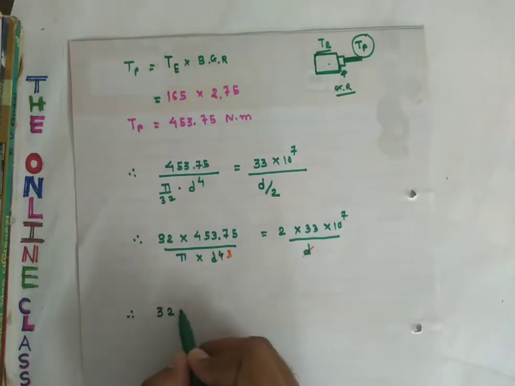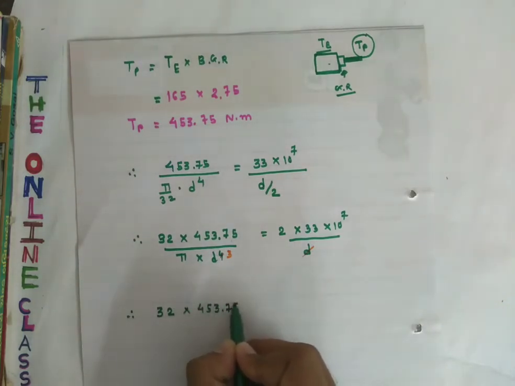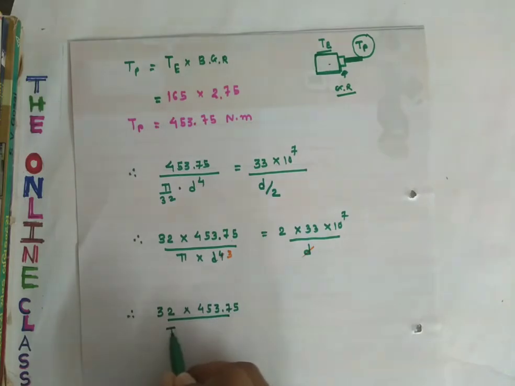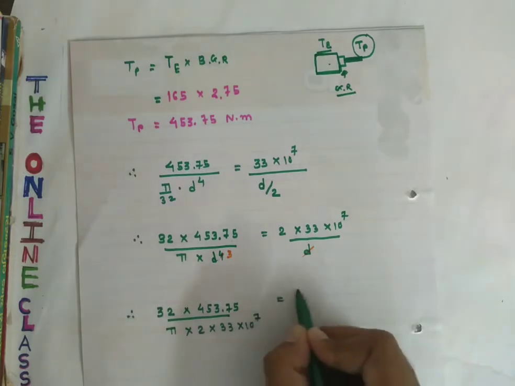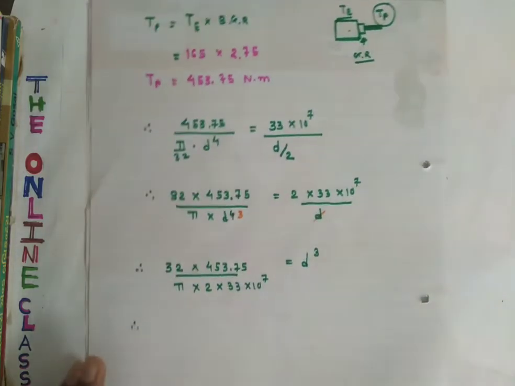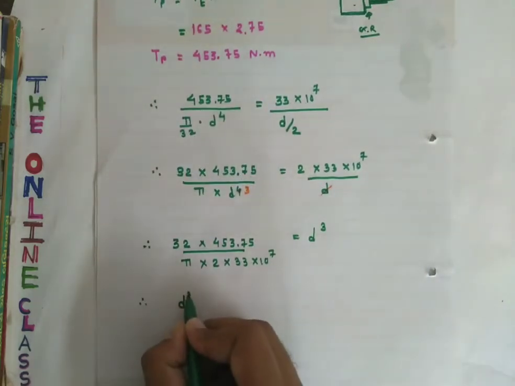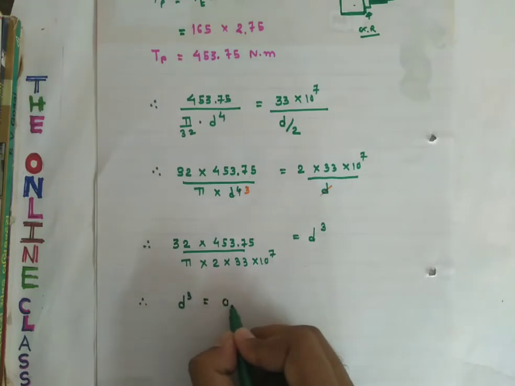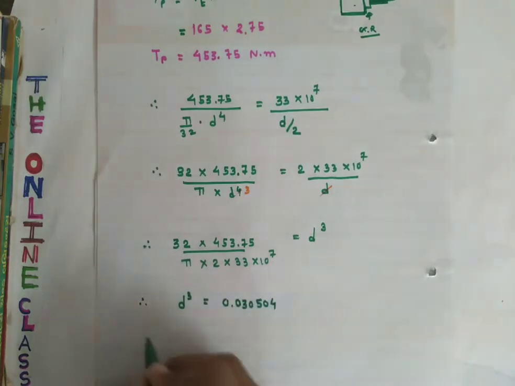So 32 into 453.75 divided by pi divided by 2 into 33 into 10 raised to 7 is equal to d raised to 3. By multiplying and dividing, we have d raised to 3 is equal to 0.030504.